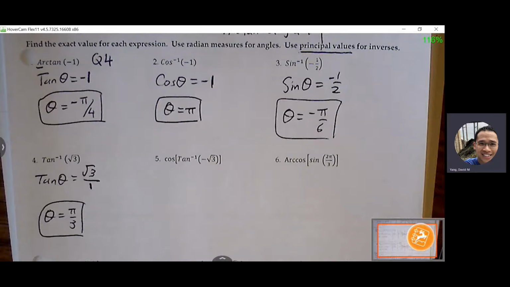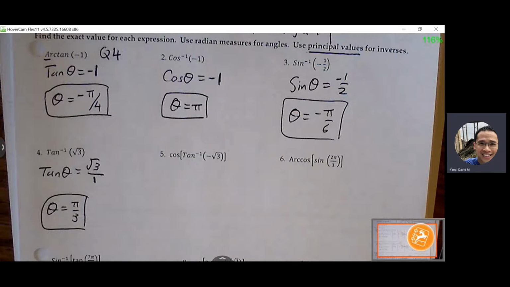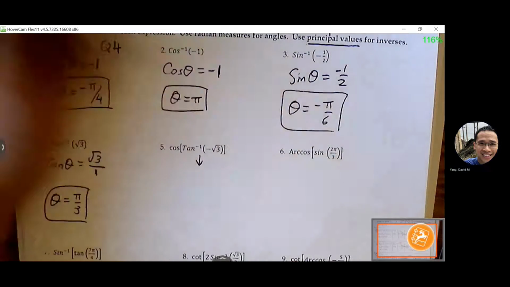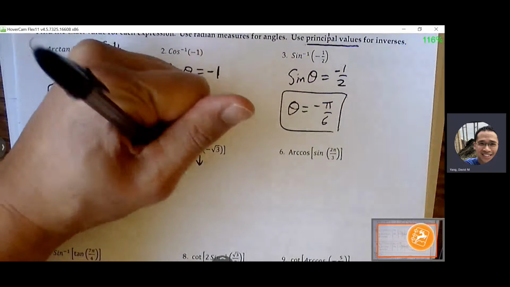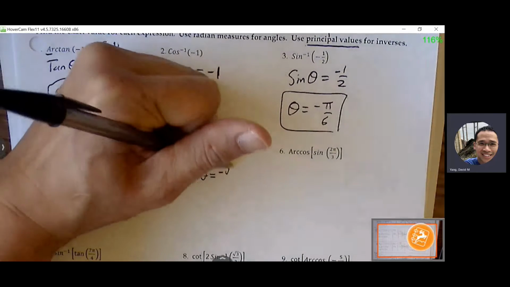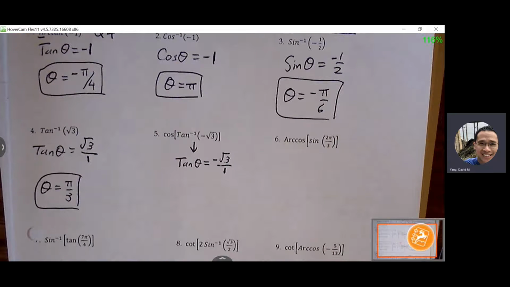Number 5, two-step process now. If you ever see a trig within a trig, you always have to deal with the inside first. Work from the inside out. So let's solve the problem inside first. This is basically saying when is tangent of theta equal to negative root 3 over 1?